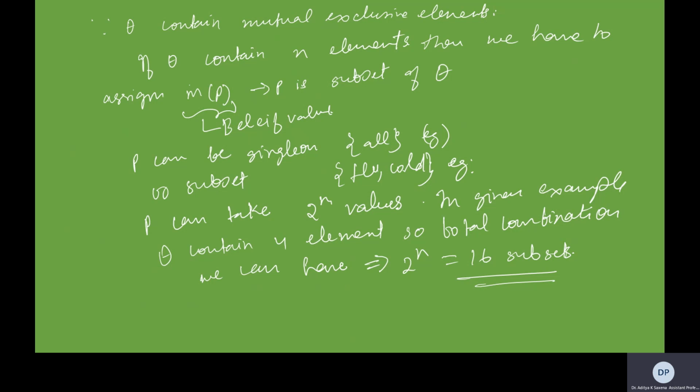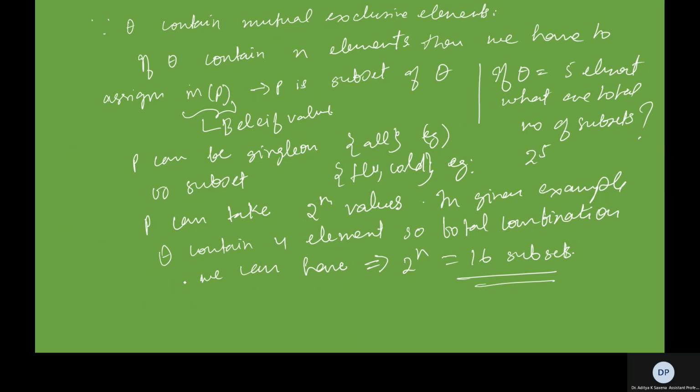We can ask an MCQ like this: if theta has 5 elements, what is the total number of subsets? The answer will be 2 raised to power 5. This way you can answer certain MCQ questions.